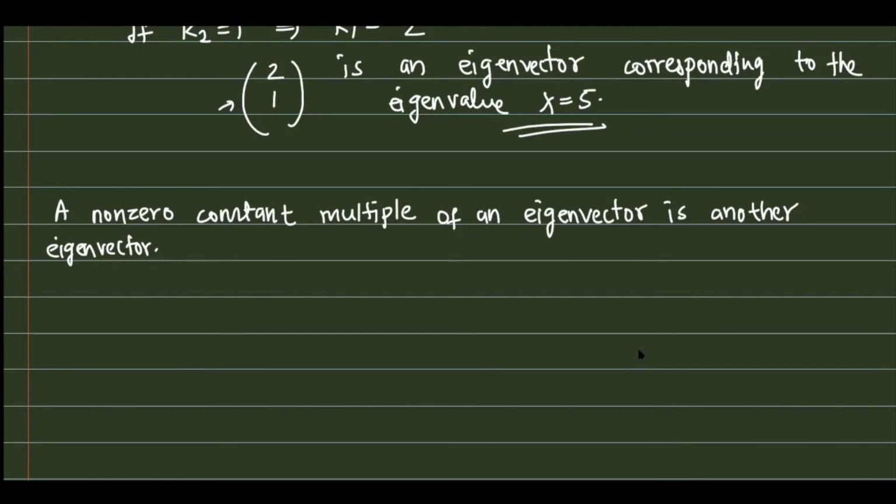So a non-zero constant multiple of an eigenvector is another eigenvector. So it should be non-zero because eigenvectors cannot be zero. We can prove this in the general case also.